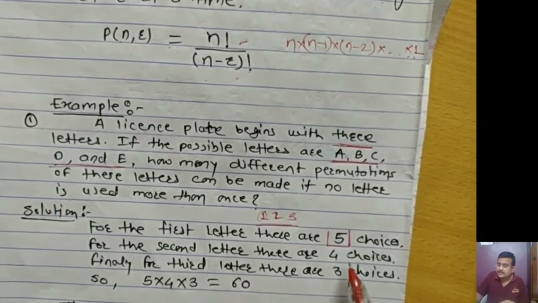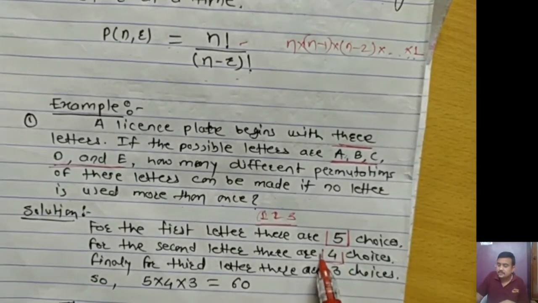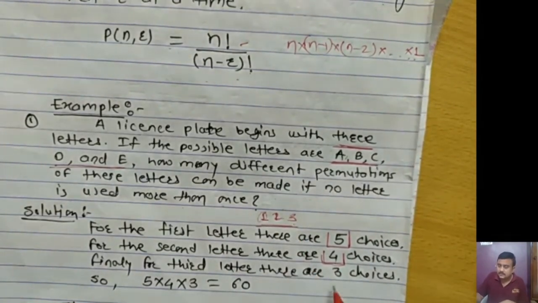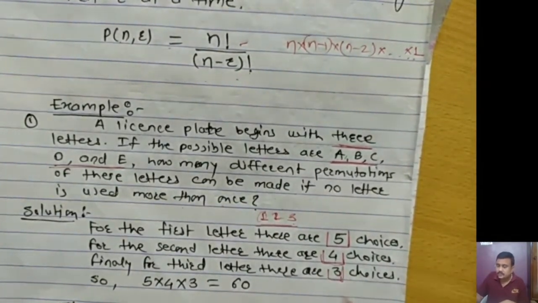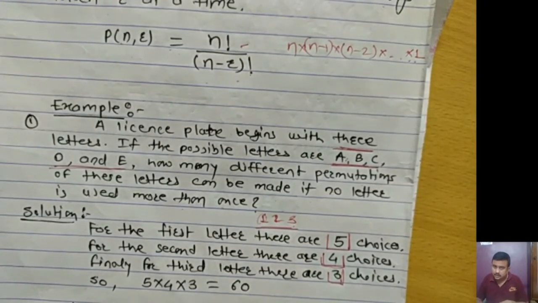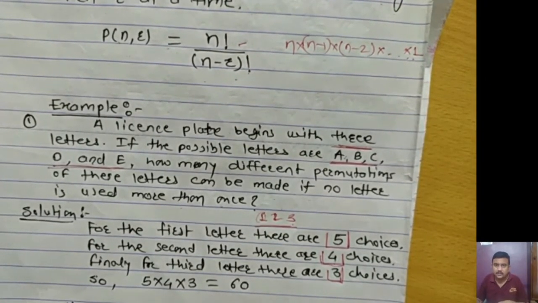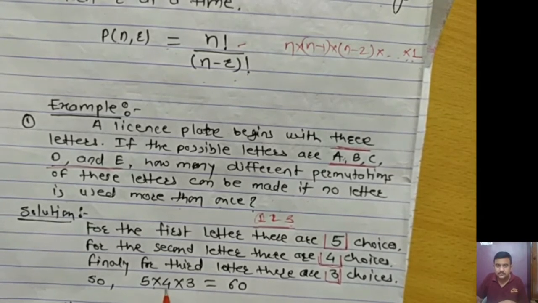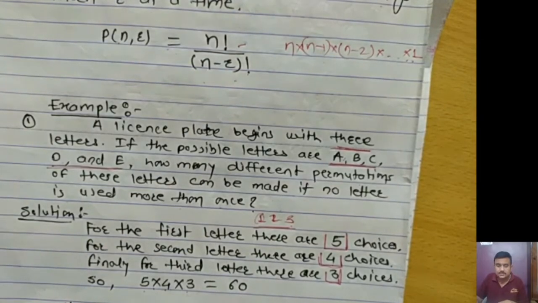At the second position there are 4 choices because we will use the alphabet from the remaining 4 letters, and for the third position we have 3 choices. It is given that no alphabet can be repeated, that's why the total number of permutations equals 5 multiplied by 4 multiplied by 3, that is first position, second position and third position, which equals 60.